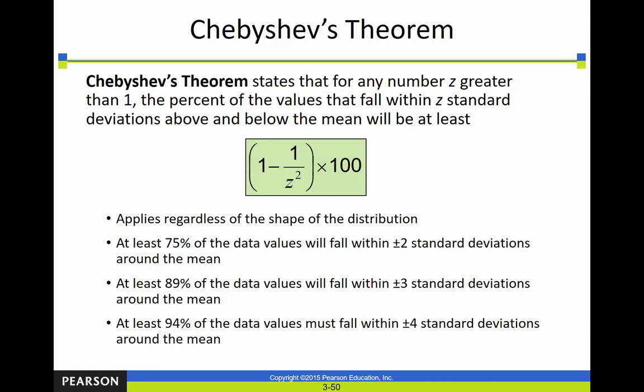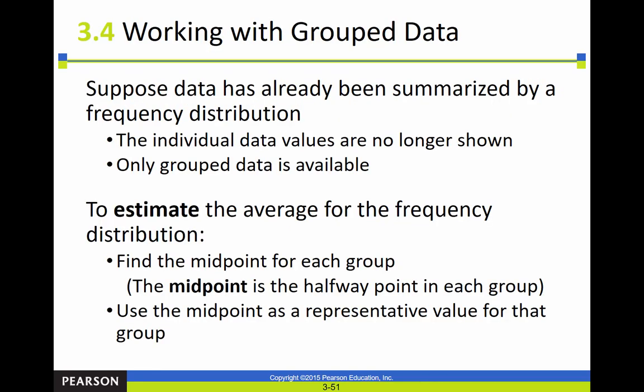So even if we don't know the shape of our distribution, which often happens in real life, we can still use Chebyshev's theorem to get a good idea of where a data value, a given data point, will fall in the whole range of data points.